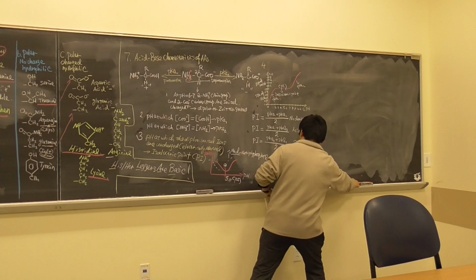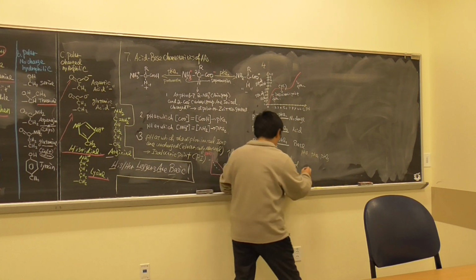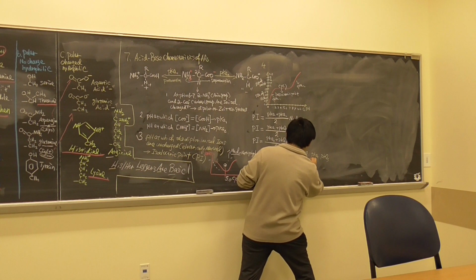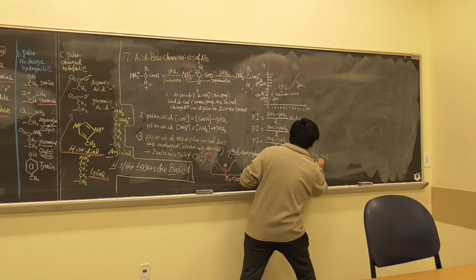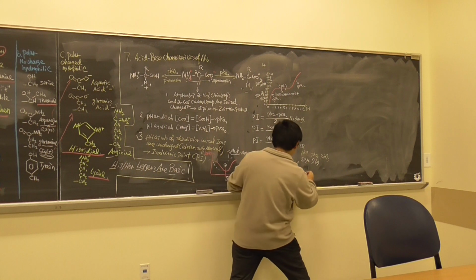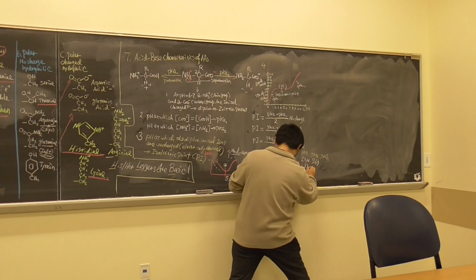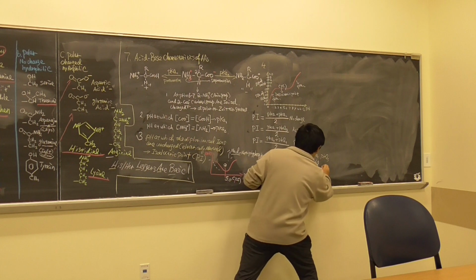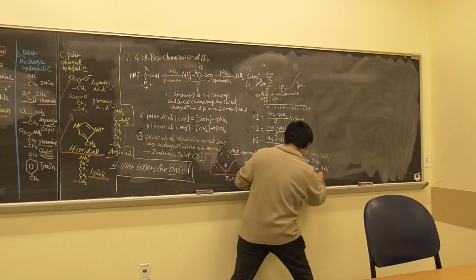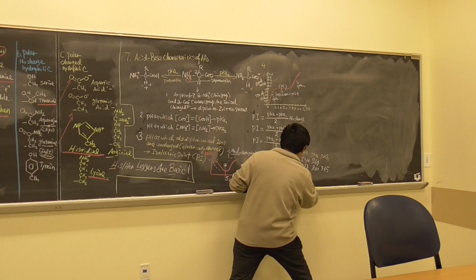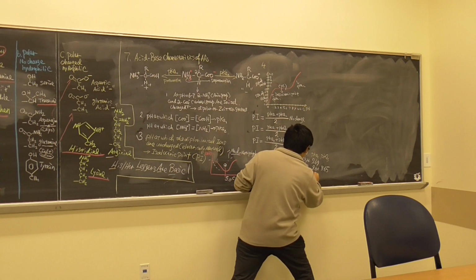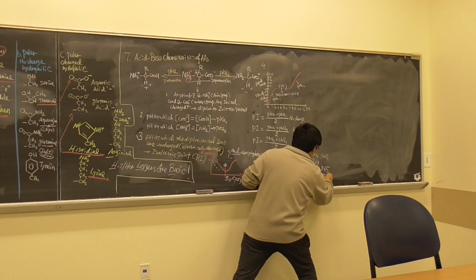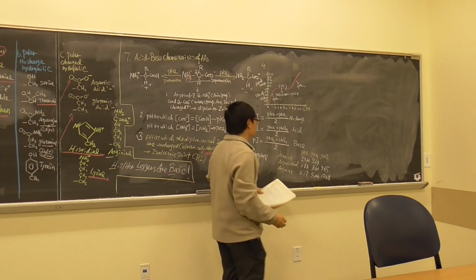So let's see the values. For alanine, we have 2.34, 9.69. For aspartic acid, 1.88, 9.60, 3.65. The last one, arginine, is 2.17, 9.04, and 12.48. So how do you do the calculation?